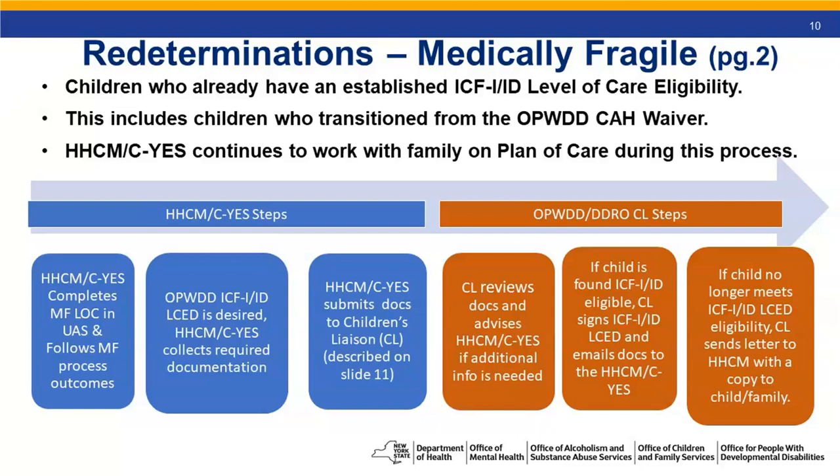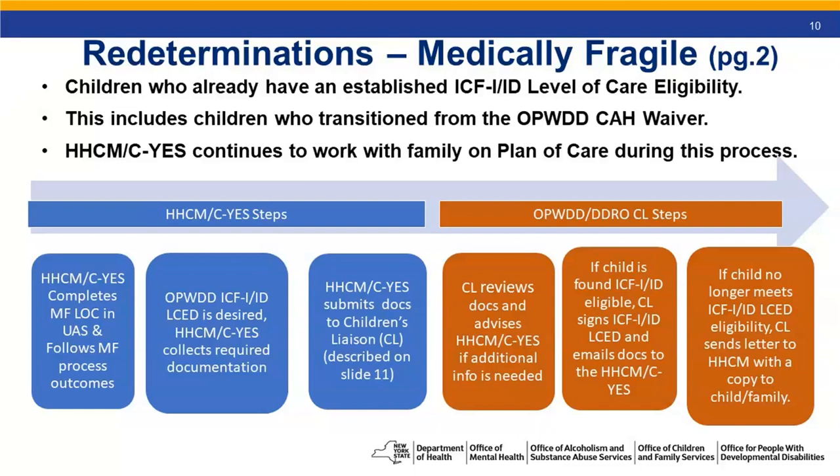This is actually part of the attestation field within the Children's Waiver Transmittal Form. That is another section in the DDRO manual. And as long as the radio button is checked, it confirms that the documentation required for the LCED redetermination remains valid and reflects the current needs of the child.